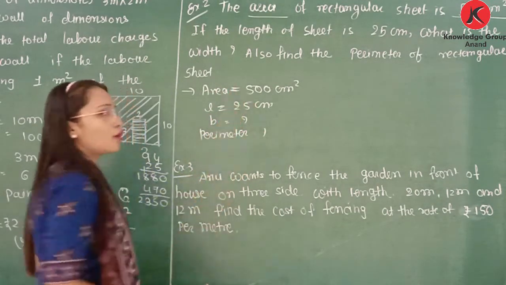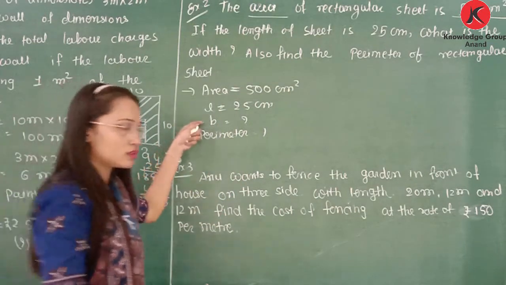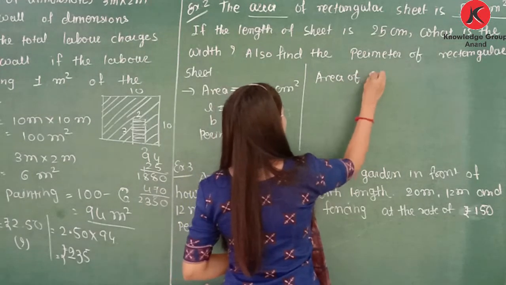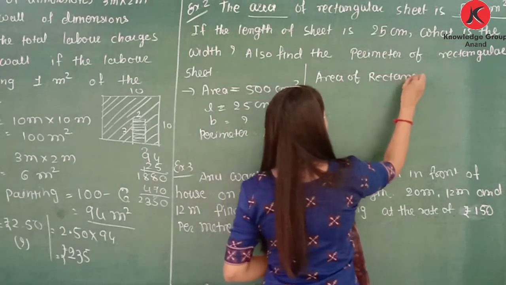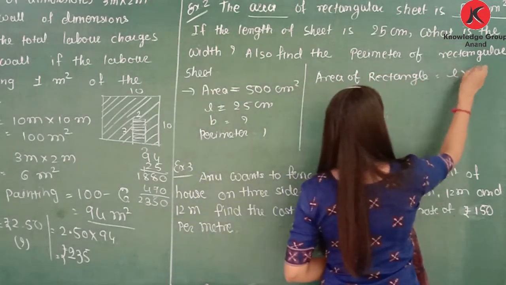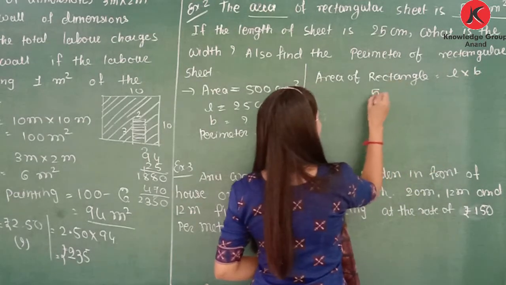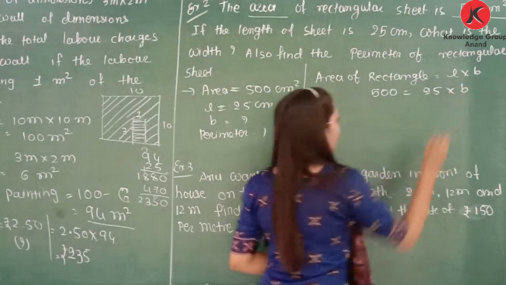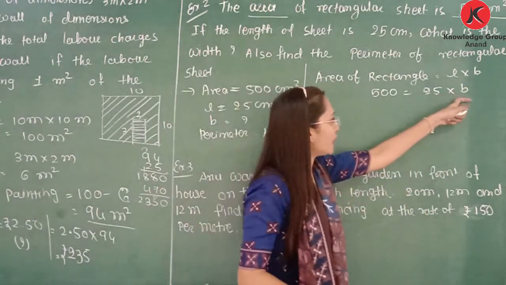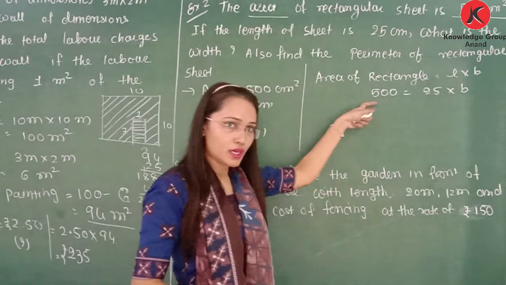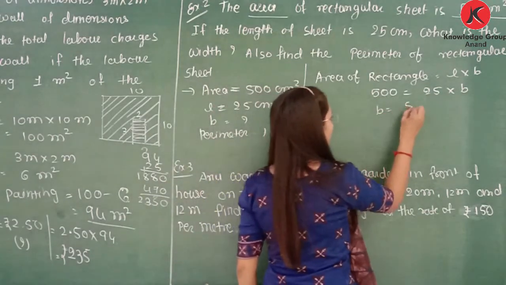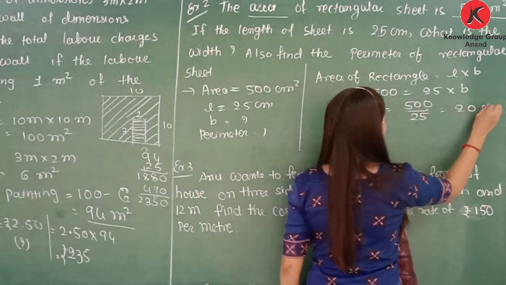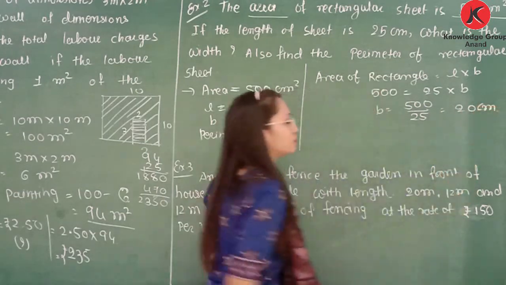So first of all, from the area we will find the breadth. Area of rectangle is L multiplied by B. Area is given 500. L is given 25 multiplied by B. So B we can find by taking 25 to the denominator. So B is equal to 500 divided by 25. That is 20 centimeter.